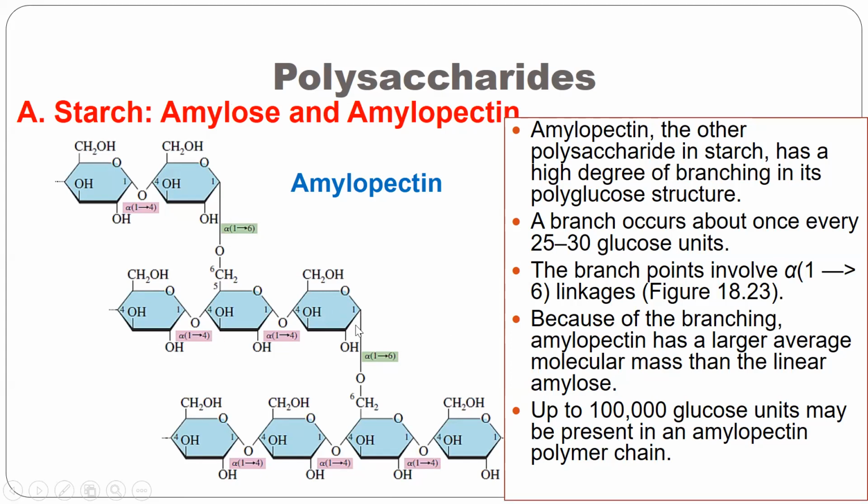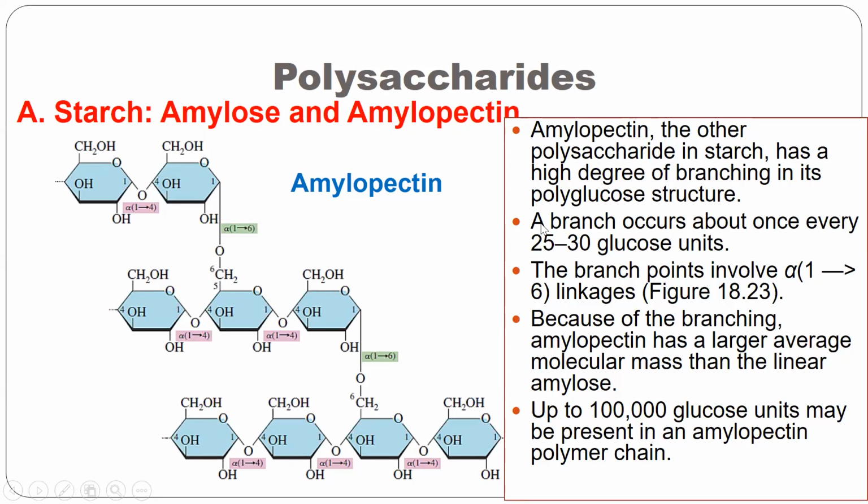But you have to remember that even with 100,000 units, for every 25 to 30 glucose units a branching occurs. You have a straight chain, and somewhere here there is a branching. So imagine that every 25 to 30 units there is a branching. Its molecular mass is very large, and this is a good source of energy, glucose stored in plants also.